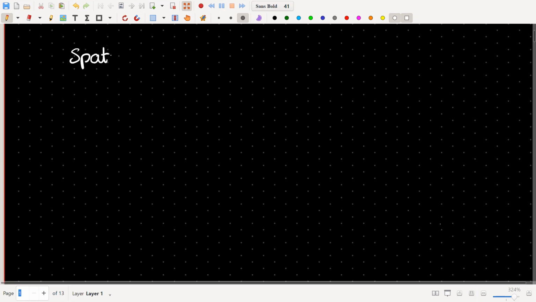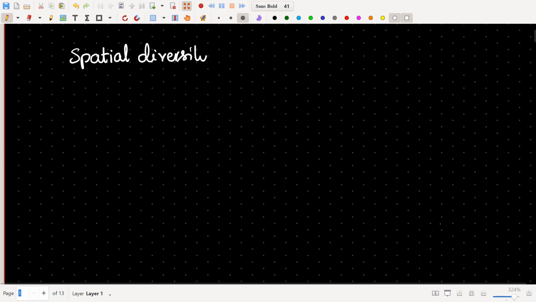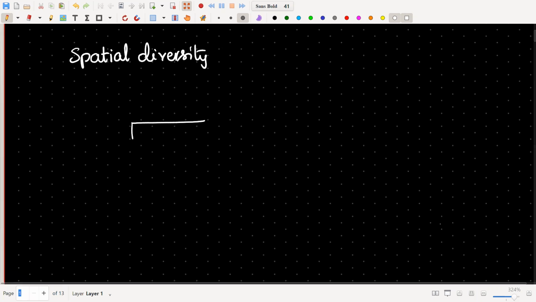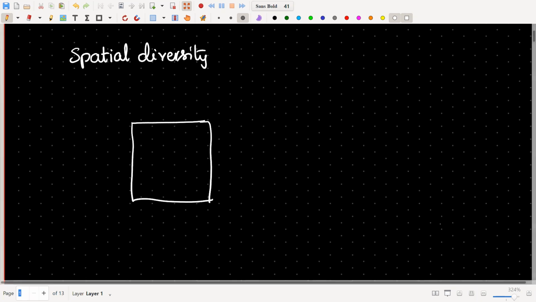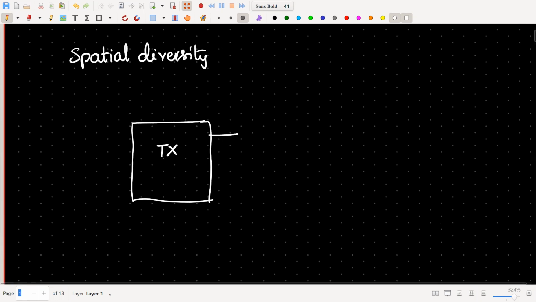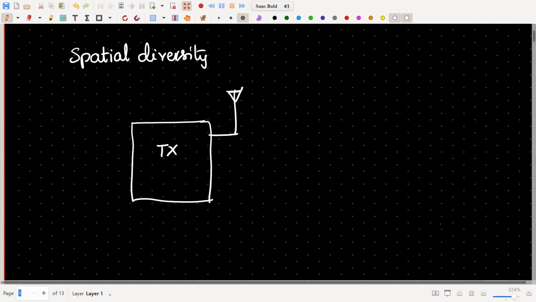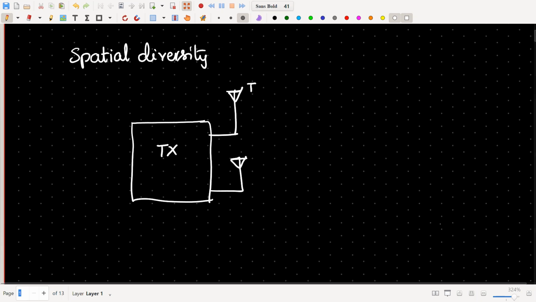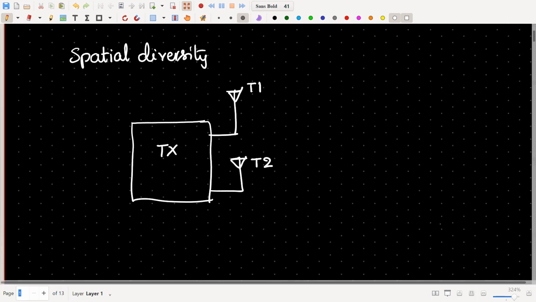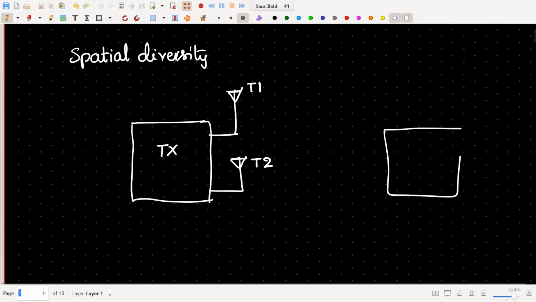How come? For example, let's go to spatial diversity. Let's take a transmitter case. This is my transmitter, and say you have two antennas here, transmit antenna 1 and transmit antenna 2. Let's also take a receiver section.